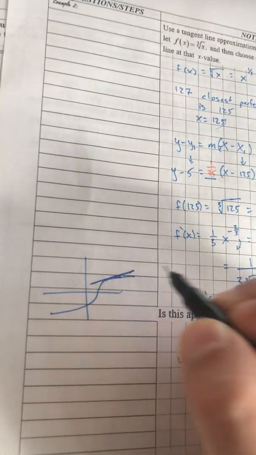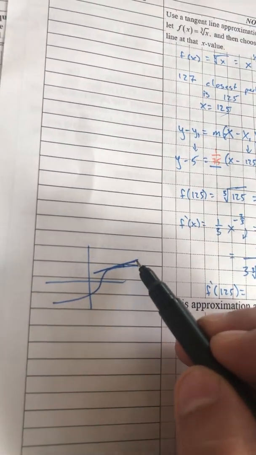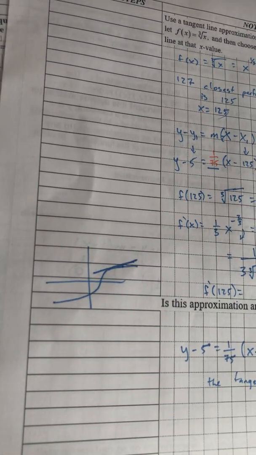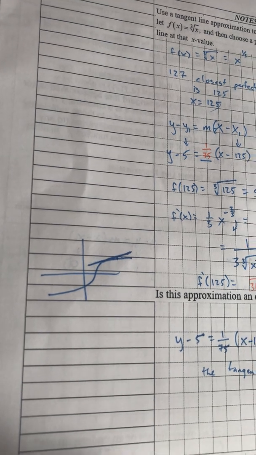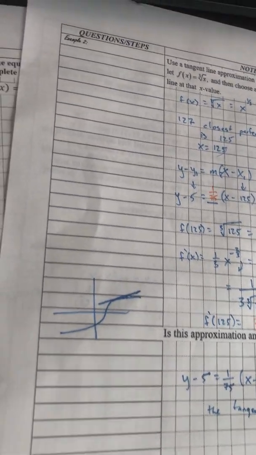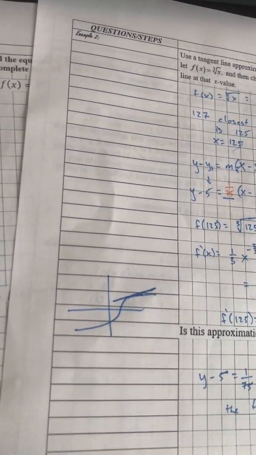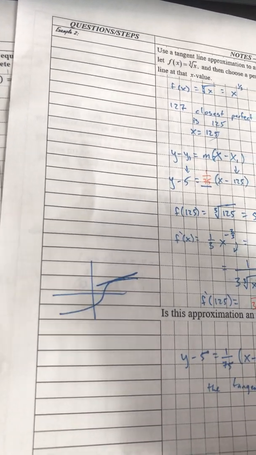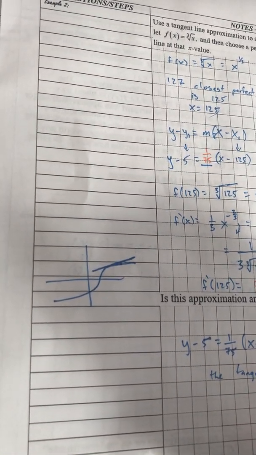It's going to go something like that. We can clearly see that the tangent line is an overestimate of the original function. The tangent lines are over the original function. Don't worry, guys. I'm going to be explaining this more in person on Monday when I get back. Is everyone okay with this?